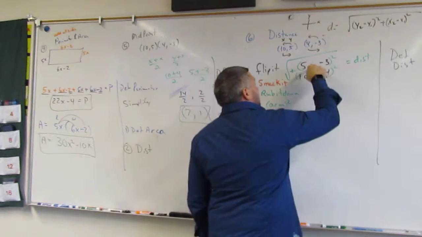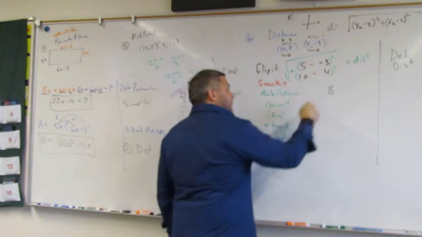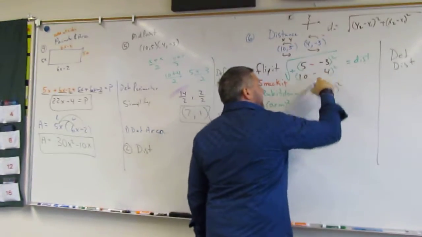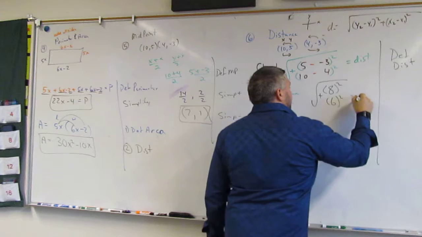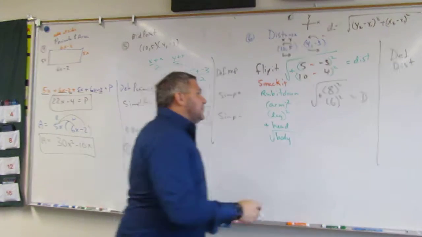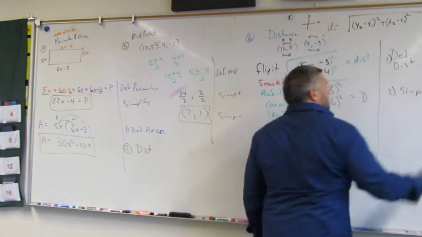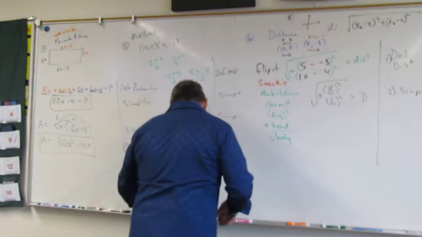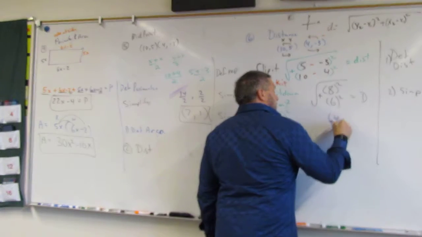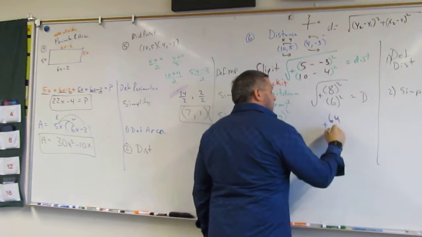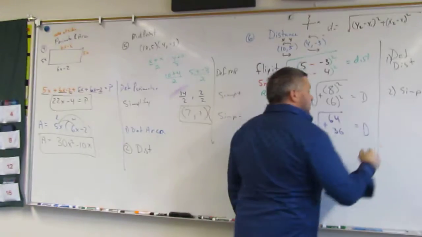Now what we do is, what is 5 plus 3? 8, right? What is 10 minus 4? 6, right? And that is simplifying using addition. All right, what's 8 squared? 64. And what is 6 squared? 36. And that is simplifying using your exponents, right?